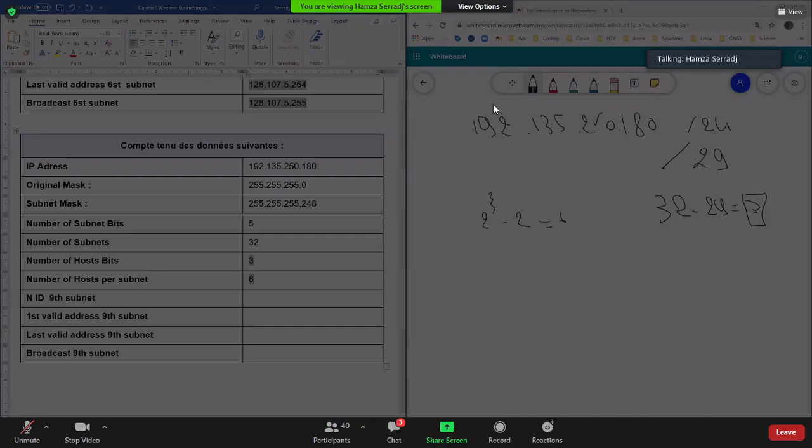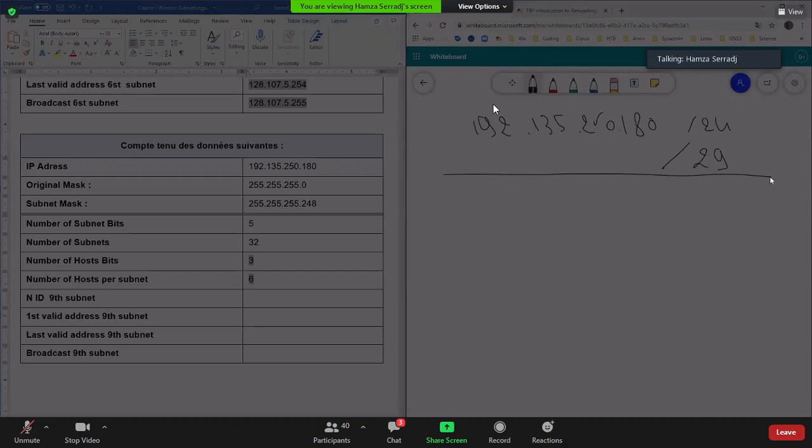So I have 32 subnets, and in each subnet I have 6 valid IP addresses available, so I can allow 6 devices to work in each network. And how many networks? 32. So I subdivided my whole /24 network into 32 smaller networks of 6 computers in each one.